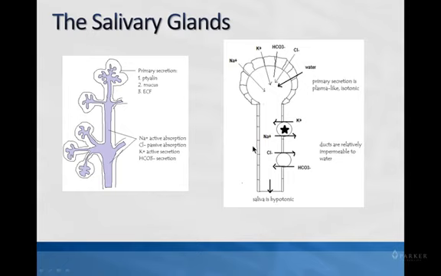But as it moves through the ducts, here's the ducts, water stays pretty much there, but we're going to modify the content somewhat. You have a sodium-potassium pump that lines those ducts, and sodium will be reabsorbed, potassium will be secreted. You have some other transporters that allow chloride to be reabsorbed, but bicarb is secreted.